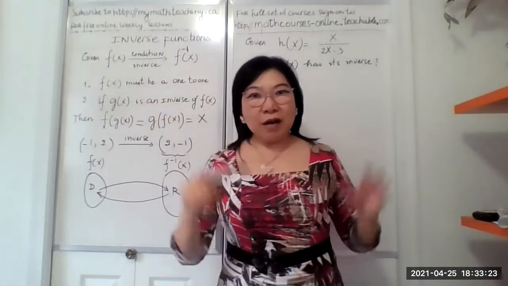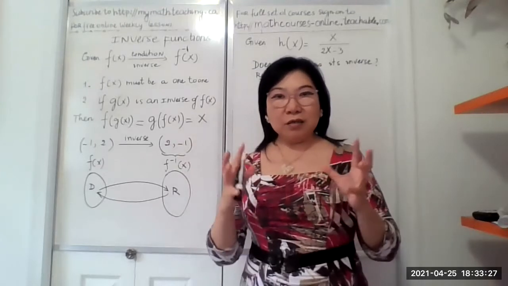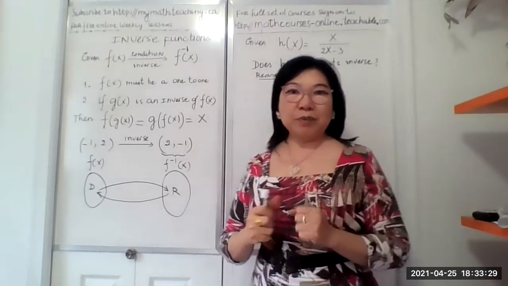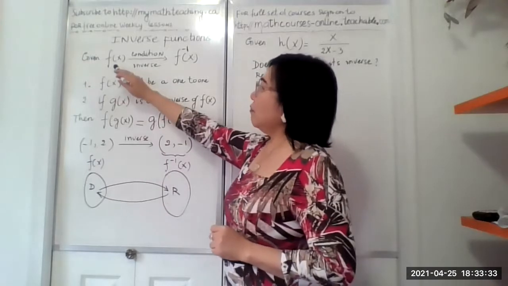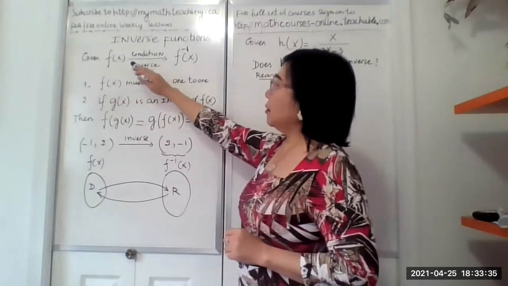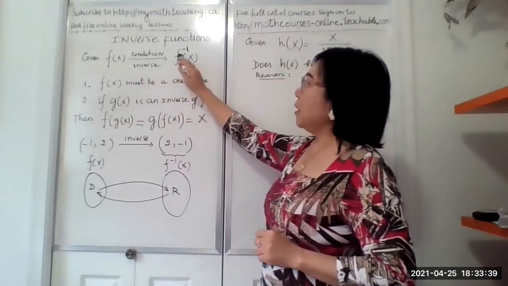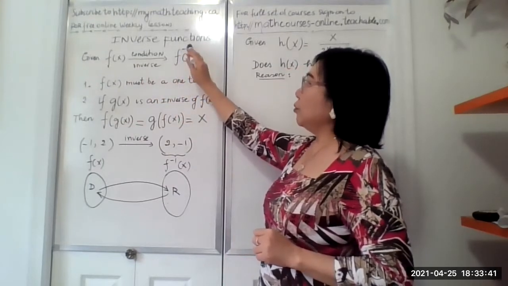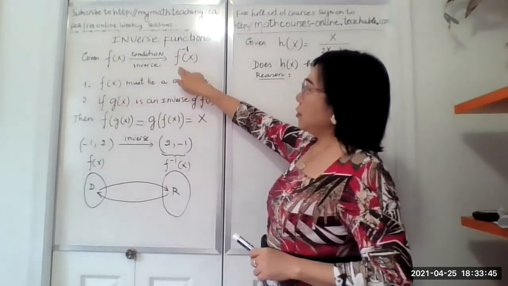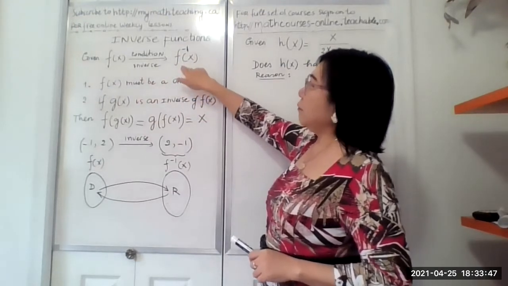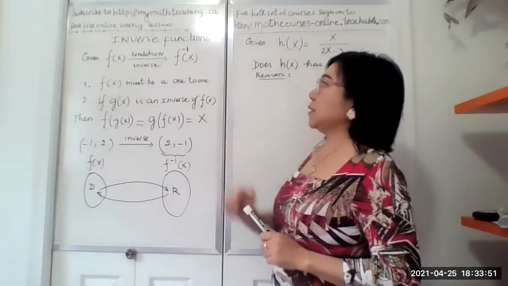On the board, I wrote down some important key concepts. Given f(x), there is a condition to have an inverse, f^-1(x). An inverse function is denoted f of minus 1 on the top right corner of f of x.